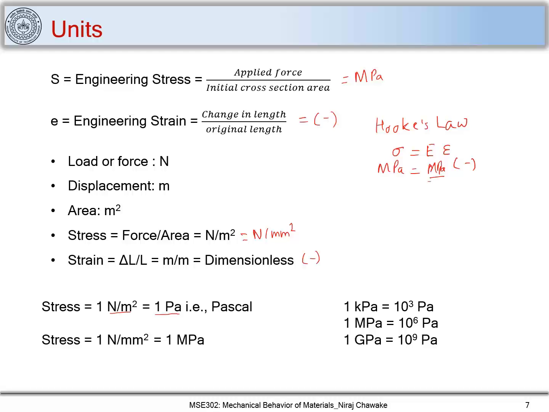Okay, so we don't write E in MPa, we write it in GPa. So I would like you to find out what the dimensions of stress and Young's modulus are. So with this, I would end this talk on units of stress and strain.